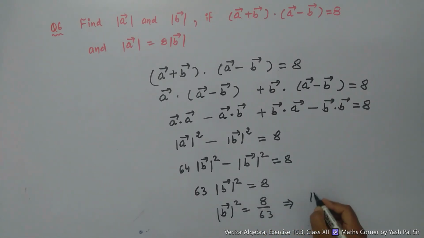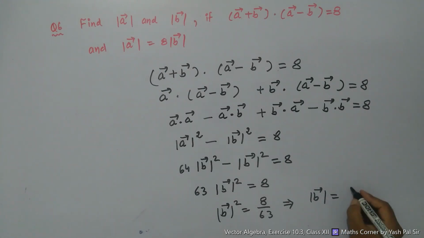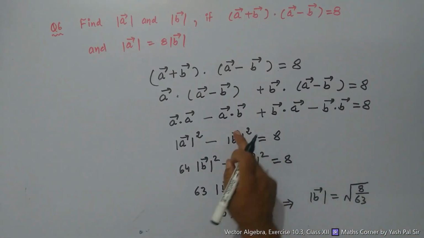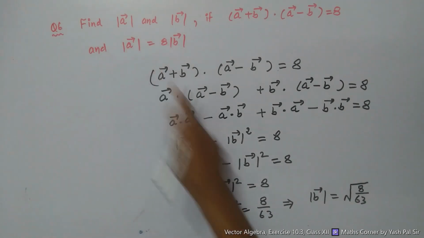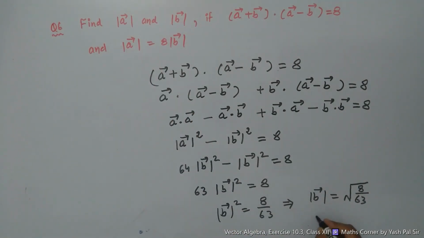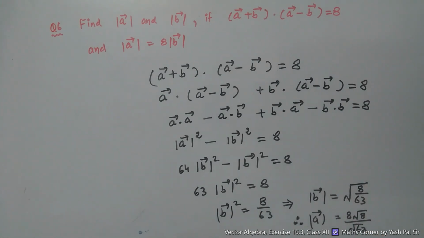That means magnitude of vector B is equal to square root of 8 upon 63. So from here we can find the value of magnitude of vector A. We just multiply with 8. So this becomes 8 into square root of 8 upon square root 63.